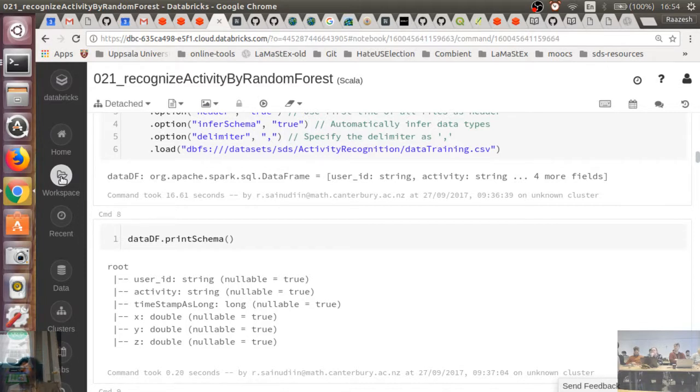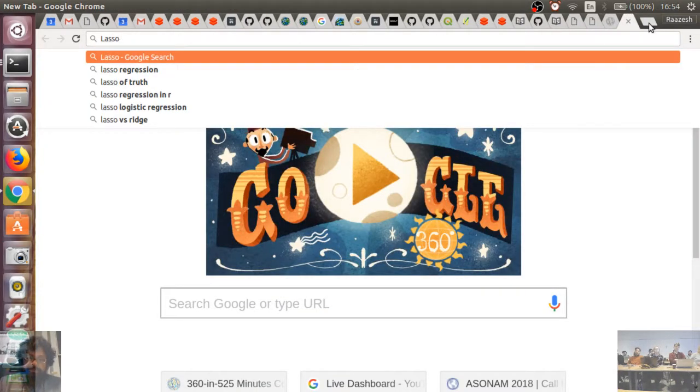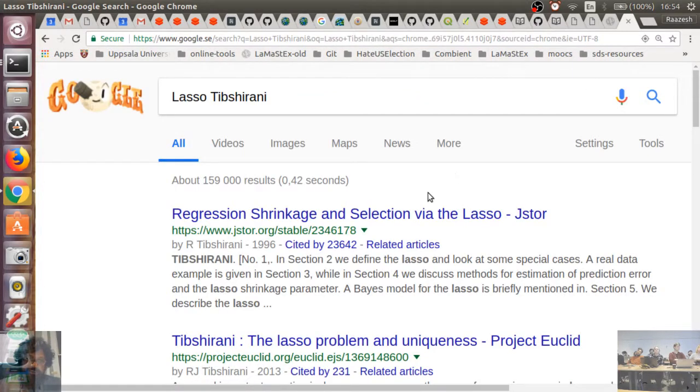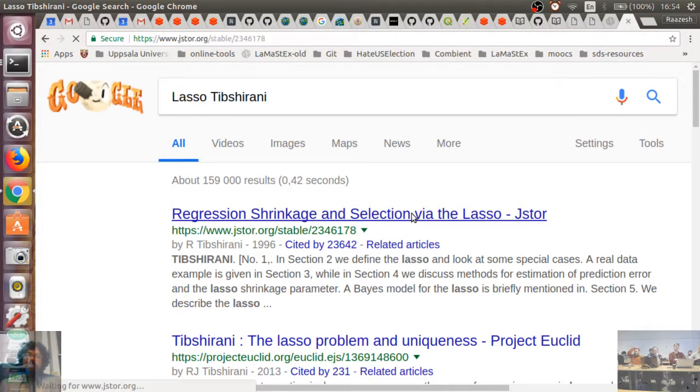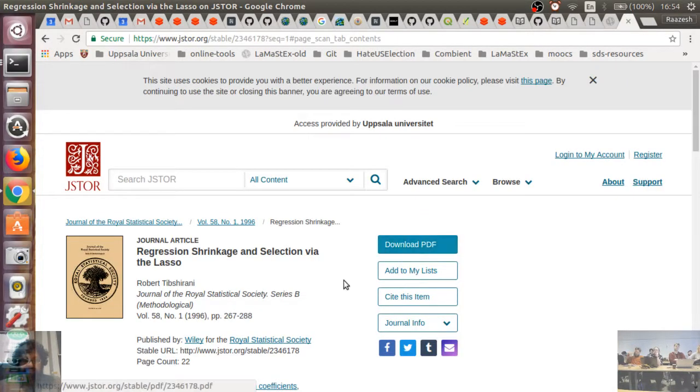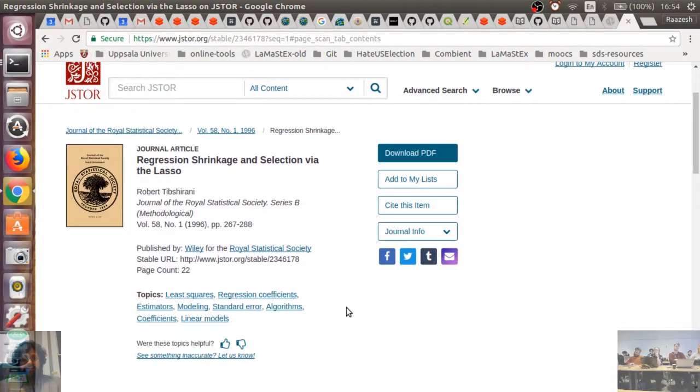But for lasso, there is a lot more geometric intuition. Again, you have to play with simple data sets. And for lasso, I would read the original paper by Tibshirani, "Regression Shrinkage and Selection via the Lasso." This is the classic paper. I think it's free.